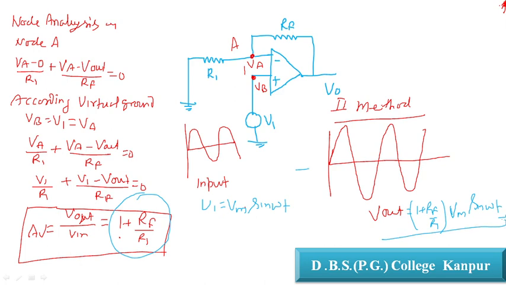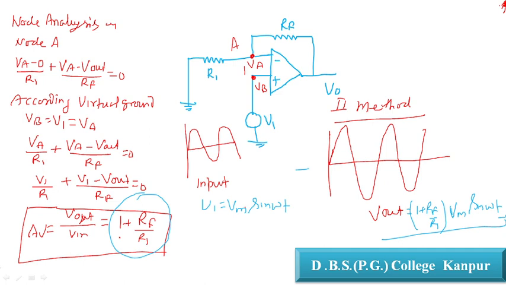We are using a touchpad, so writing is an issue. Okay, so this is the calculation of the second method for the non-inverting amplifier.